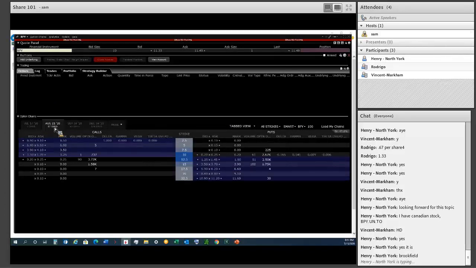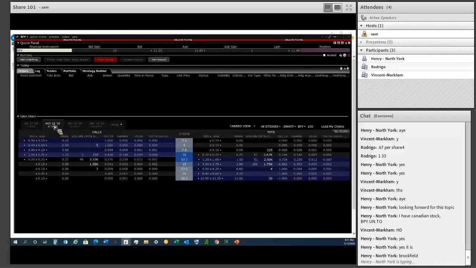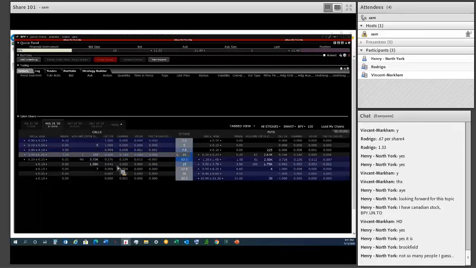Doesn't look like there's a lot of options for this. Looks like it goes from 2 to 37 days. So we can try this one. It's just not giving us a lot of options to work with. You see that? Not so many people, I guess. We can try it if you want.